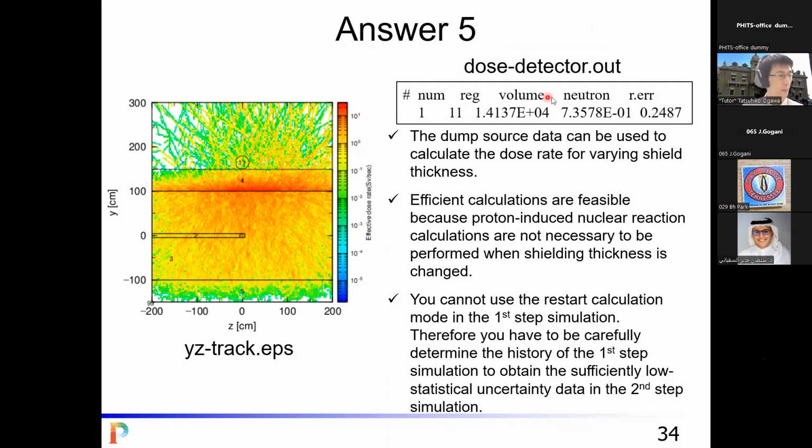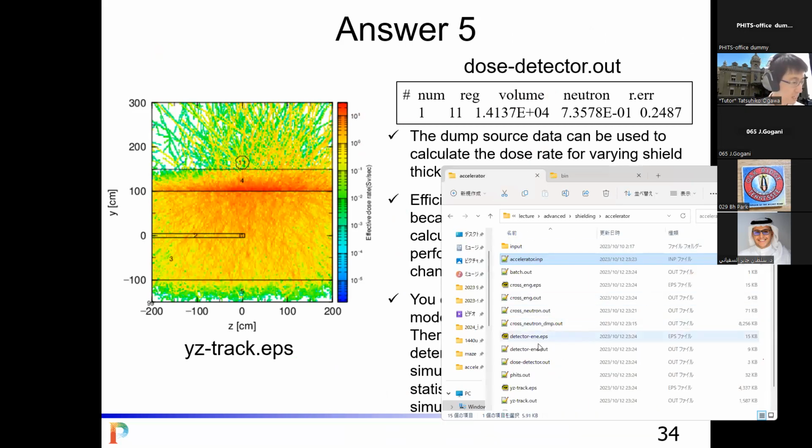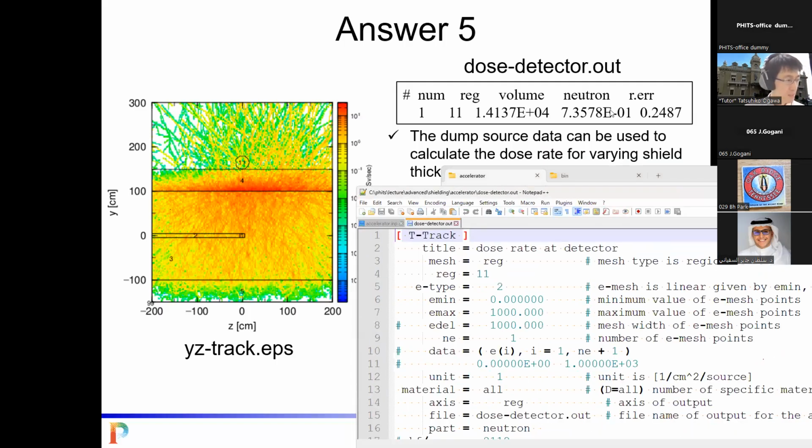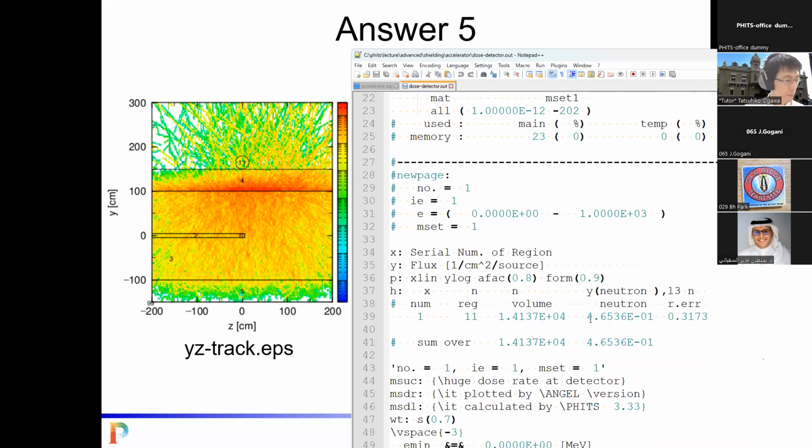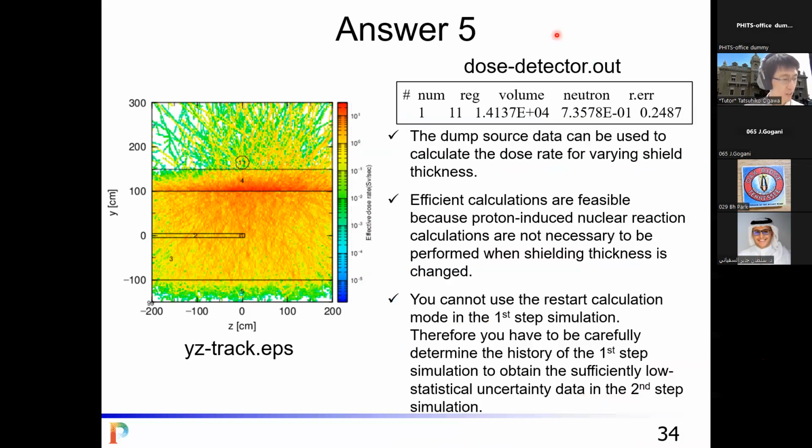And those detector.out should say something like 0.465 due to the version difference and different random number sequence.